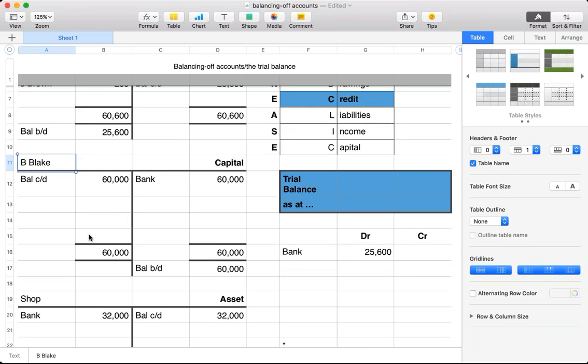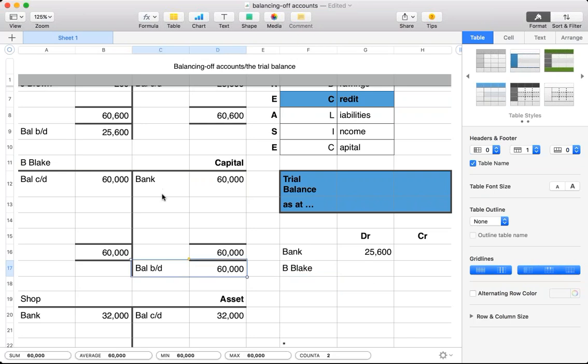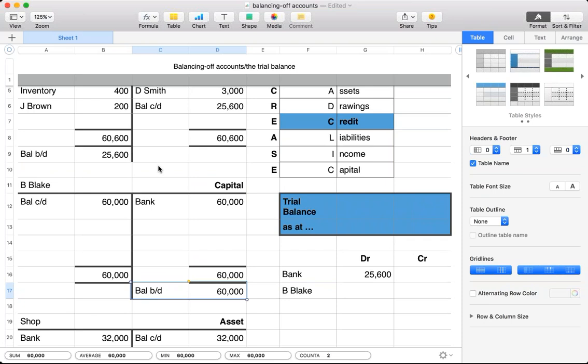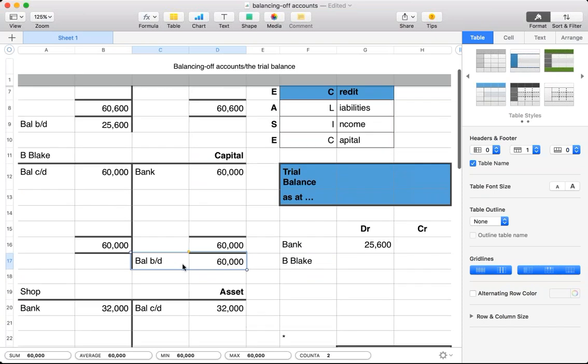Our next account is B. Blake. Now B. Blake is our proprietor, and this is B. Blake's capital account. So we're going to put the account heading in here, B. Blake, like so. And we've got the balance brought down. So I'm not going to go through on every single account how it works. Hopefully you've got the gist of how it works by now. But you can see the only entry in our T account is that entry there.